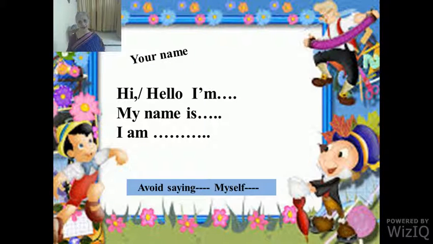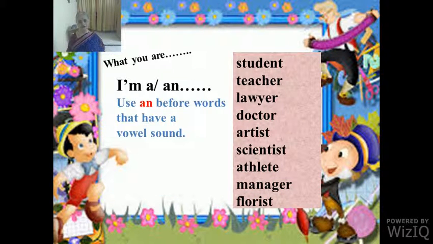After having given me your name, you are now going to tell me what you are. So you say, I am a student, I'm a teacher, a lawyer, a doctor, an artist. So when I said an artist, I want you to remember the usage of a grammar point here.